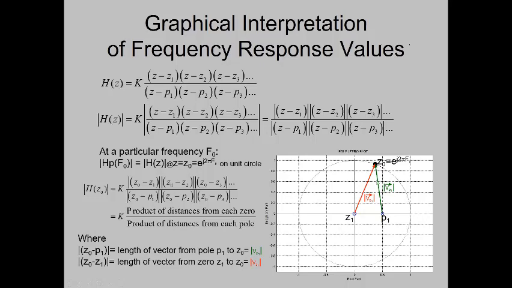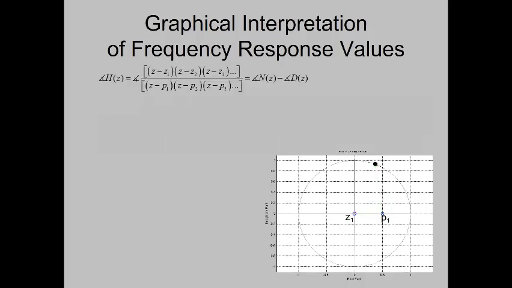In this case, I only have one, but I could have multiple ones. And those products of distances multiplied by k will actually give me the correct numeric value for the magnitude of the frequency response at frequency f0, or the magnitude of the transfer function H(z) at z0.